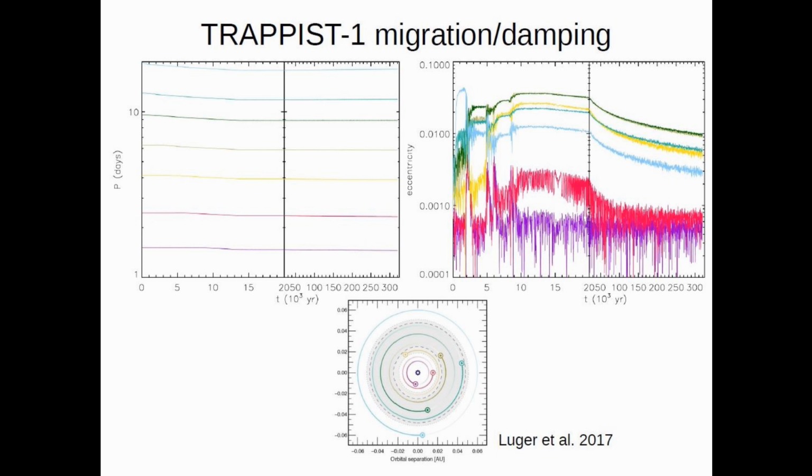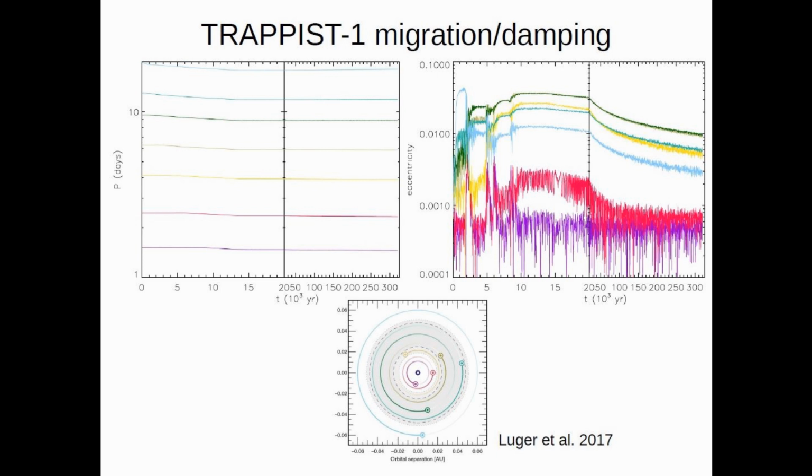All right, so to come back to the main theme, we did migration and damping simulations of this system. I'm starting here not at 1 AU, but much closer in at periods of just a few tens of percent longer than their observed orbital periods, and shoving them into resonance puts them deep into those resonances, but then the eccentricity damping pushes them back out to their observed orbital periods.